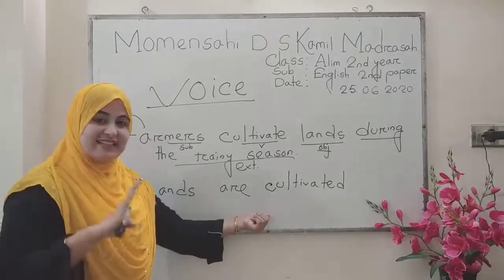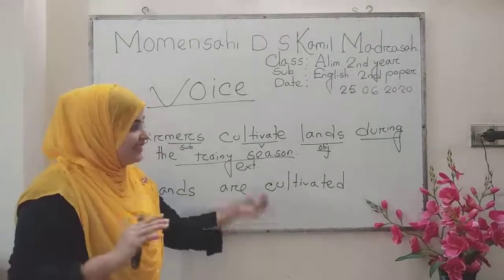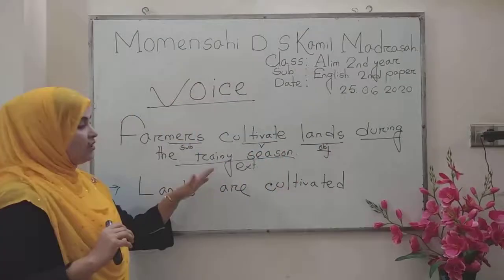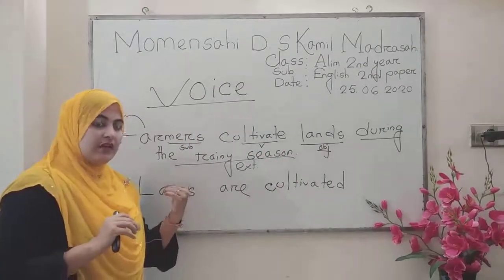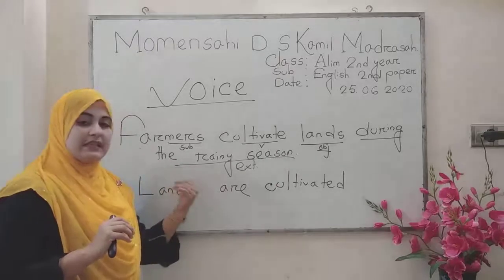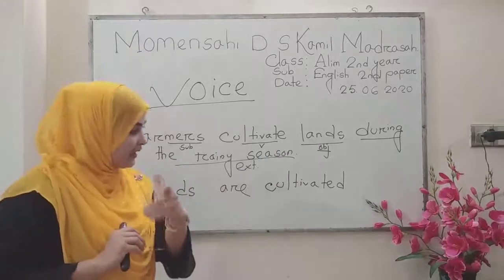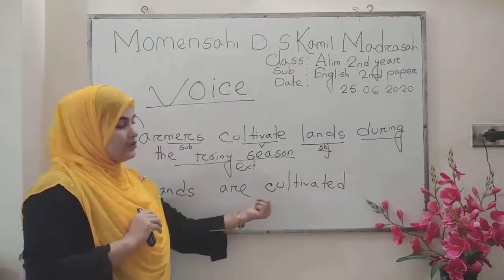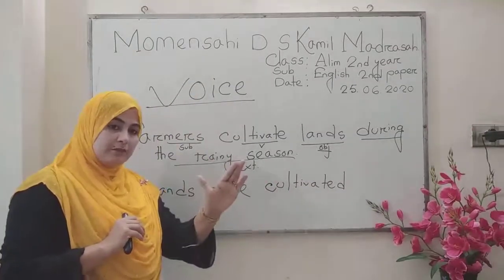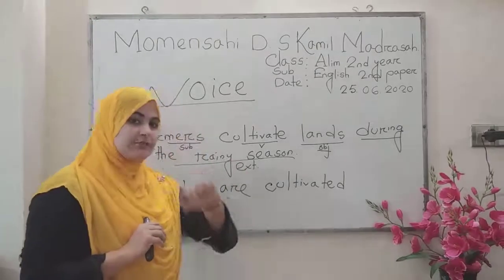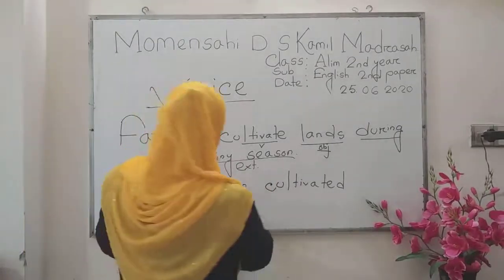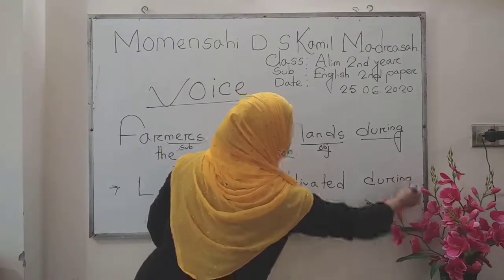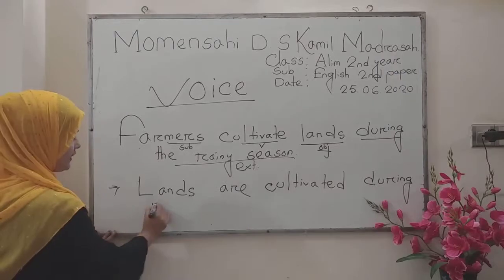Almost my voice is complete. And again notice the rest of the sentence, we say it is the extension. That's why this extension you can use after the verb's past participle form. Yes, here we can use during the rainy season.